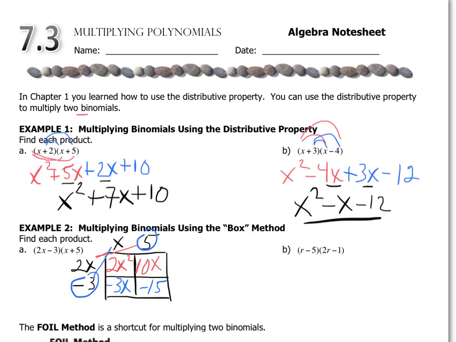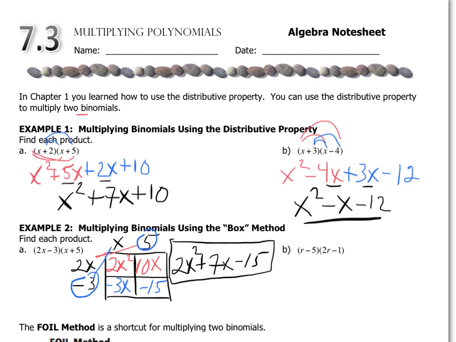Now again, if you notice in this box, the upper left-hand corner is the only term with x squared, so 2x squared stays as is. Then when I look at the upper right hand and the lower left hand, I see x's in both. I can add those two things together to get 7x. And then the lower right hand corner is the lone constant. So I would get 2x squared plus 7x minus 15.